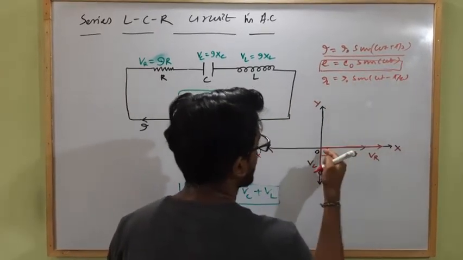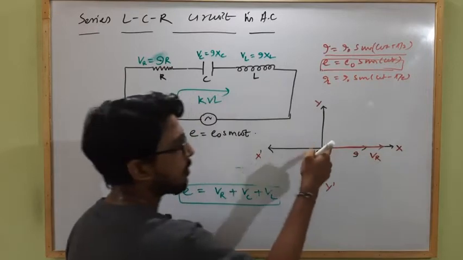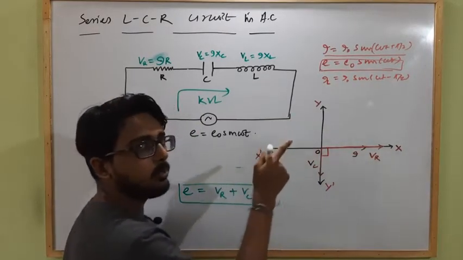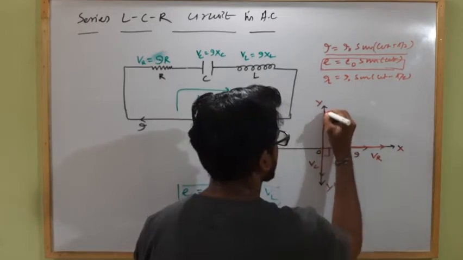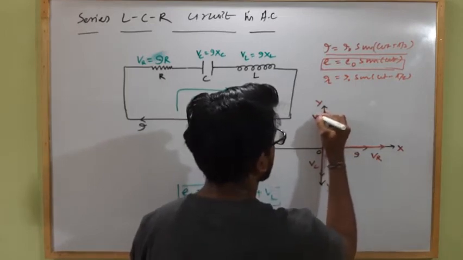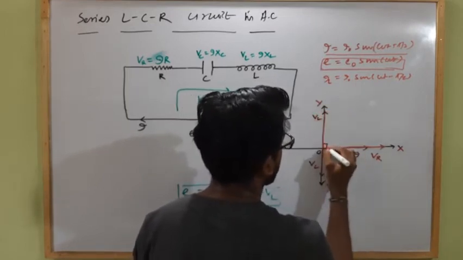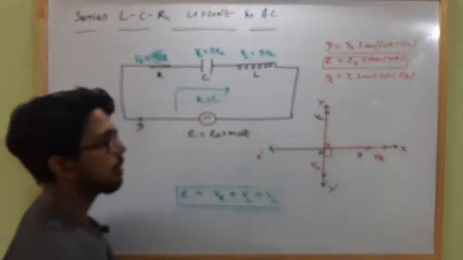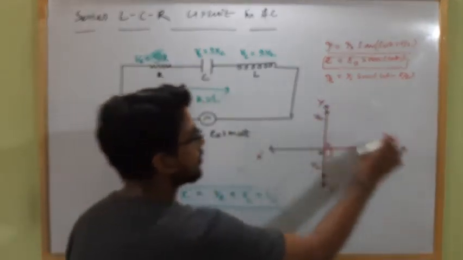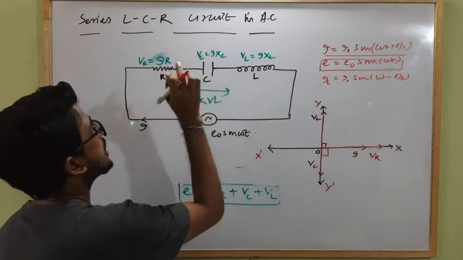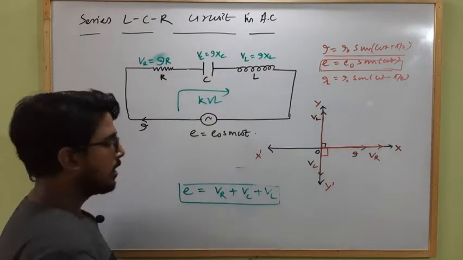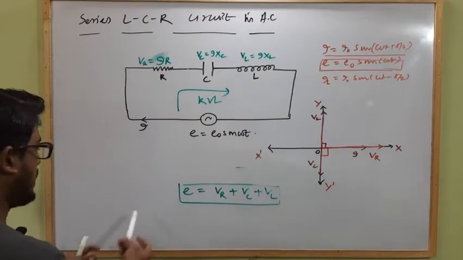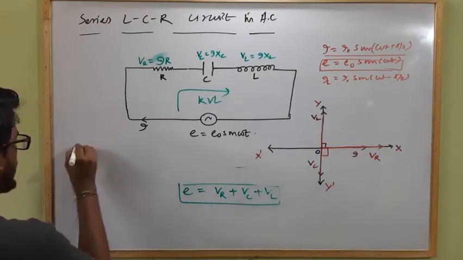So what will happen if this is I? For an inductive circuit, the potential difference leads the current. That means here this will be VL, which is ahead of the current by pi by 2. So this will be the phasor diagram for VR, VC and VL.